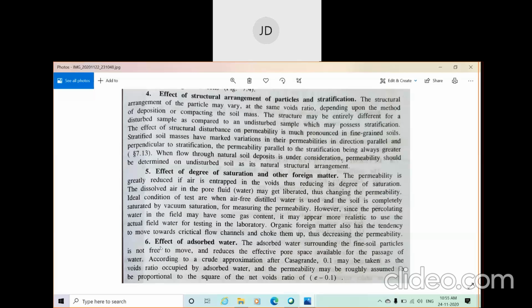Next, number 6, that is the effect of adsorbed water. Now, there are two kinds of water that may attach with soil mass. One is adsorbed and another one is absorbed. There is a very thin difference between adsorbed water and absorbed water. One starting from AD and another one starting from AB, adsorb and absorb. Absorbed water is that water which occupies the voids.